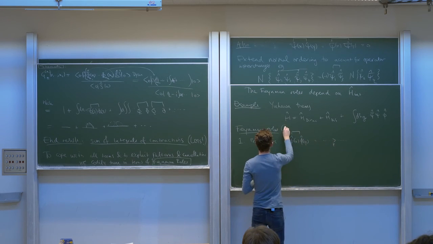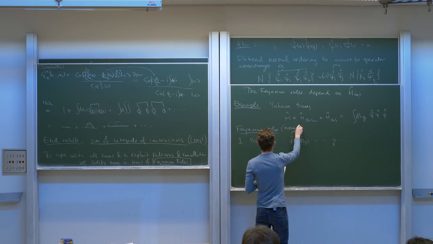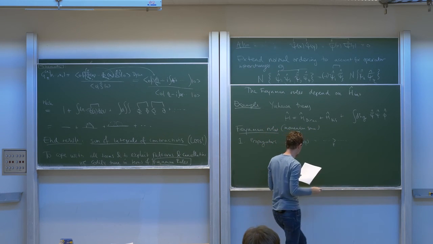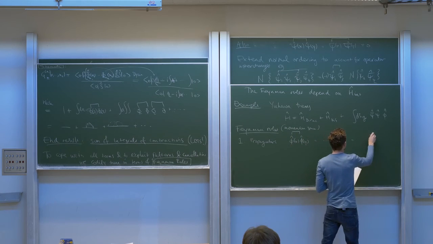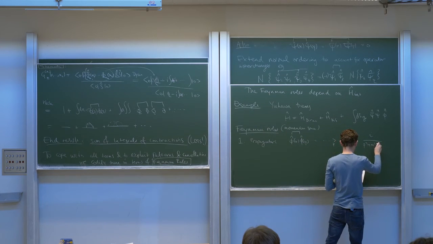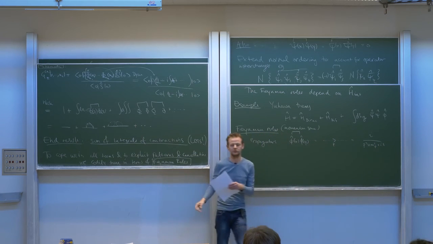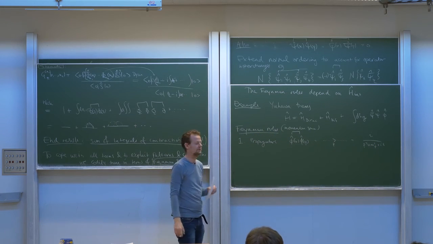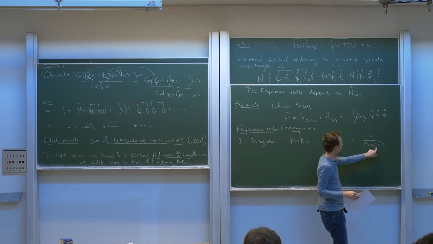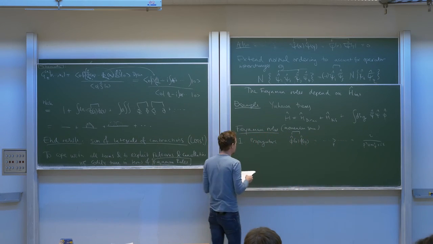So we'll do this in momentum space. And that's one we've seen before. That's just the boson propagator. And the propagator has a mass for the phi particle, which will be different from the psi particle.